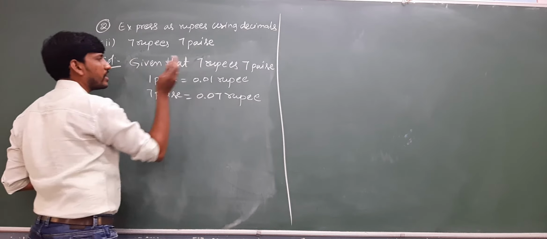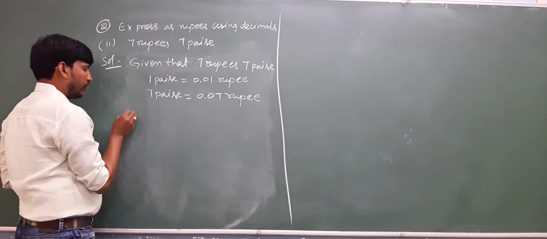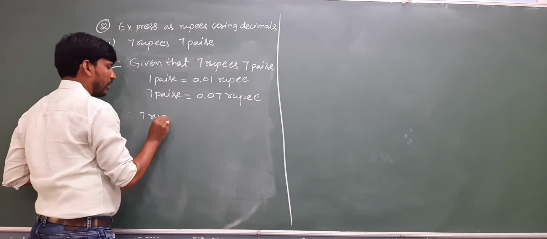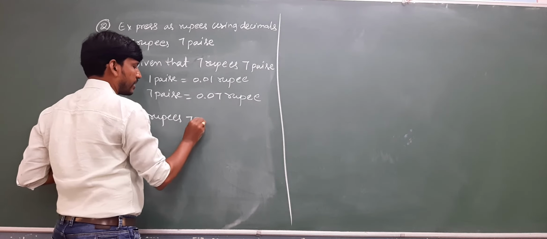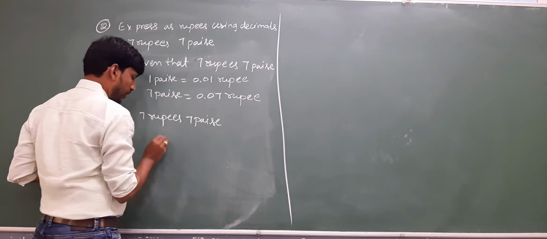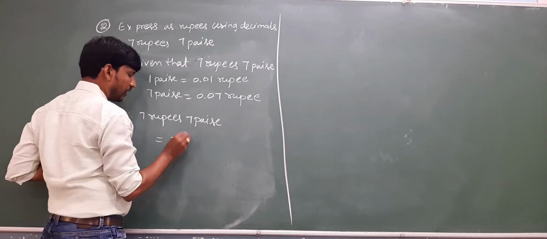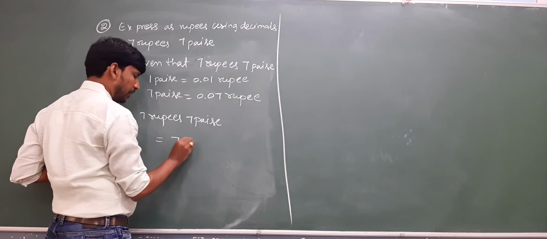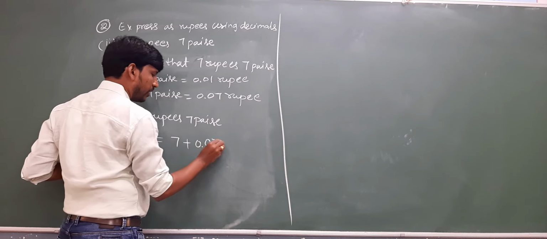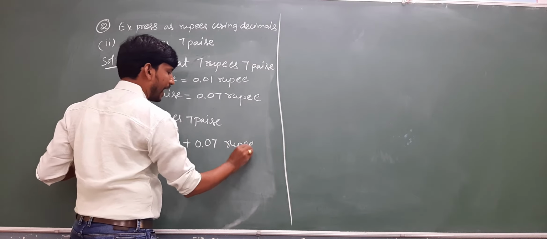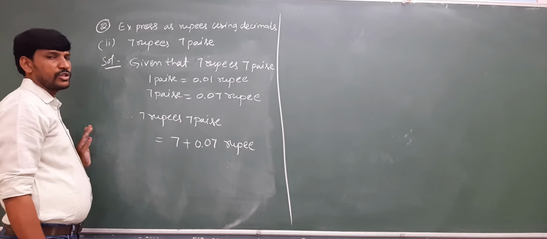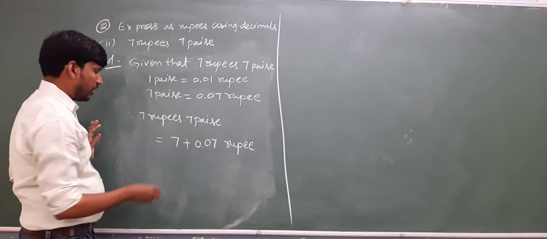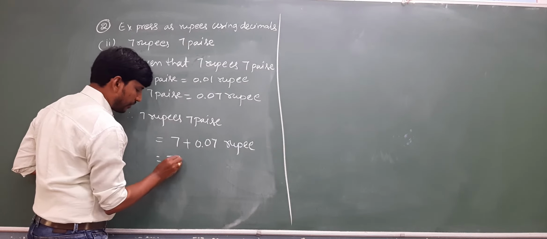This we are going to add to the 7 rupees. So 7 rupees 7 paisa is equal to 7 plus 0.07 rupee. I am going to add this 7 and 0.07. So 7 is nothing but 7.00.